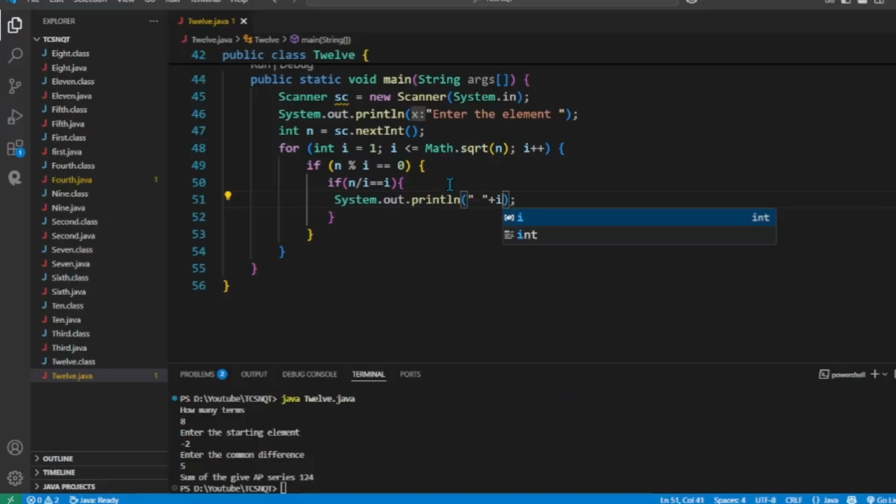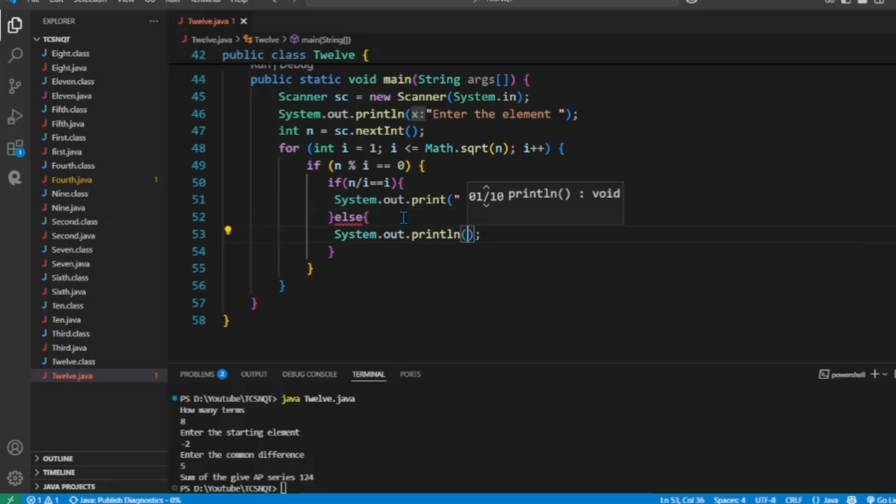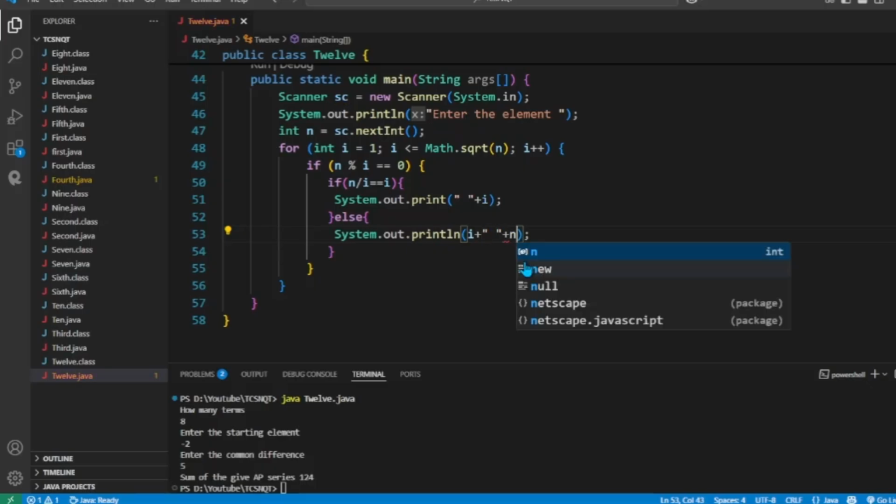Otherwise, in the else condition, we print i and n upon i also. Why do we print i and n upon i?